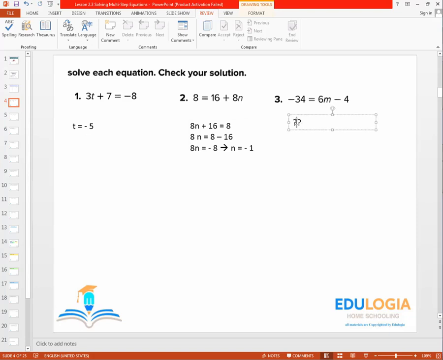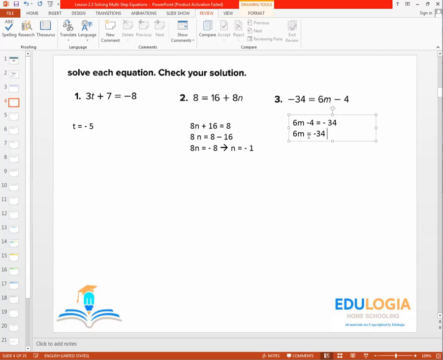New problem, number 3. I can make an exchange, writing on the left 6m minus 4 and negative 34 on the right. Now I made the exchange: 6m equals negative 34.